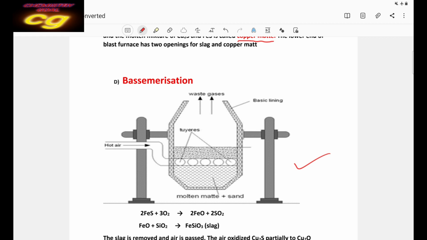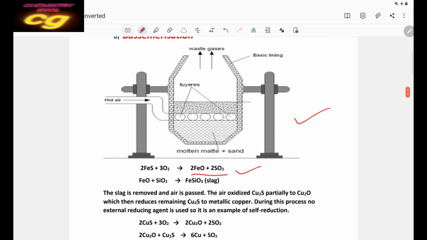Iron sulfide converts to iron oxide, and iron oxide and silicon dioxide convert to slag, that is, iron silicate.